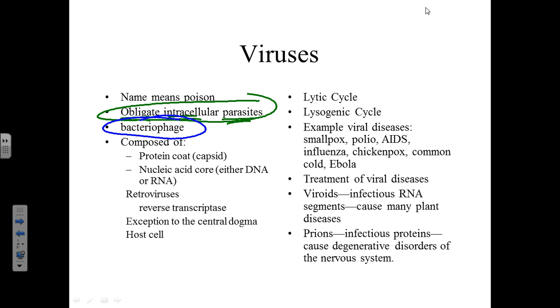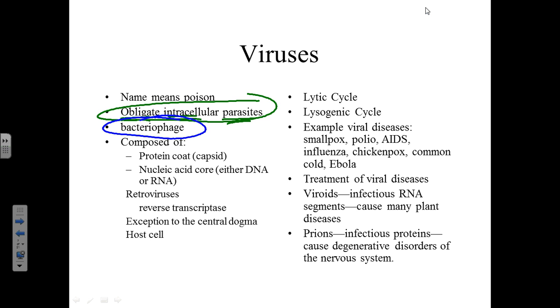It's hard to stop it, because it's always mutating, and every time it mutates, your immune system's essentially got to start over in the fight against it. So that can make them kind of dangerous. It can make them kind of hard to control. Yeah, the flu. What were some other ones that we mentioned? HIV, Ebola, common cold. Those are all examples of retroviruses.